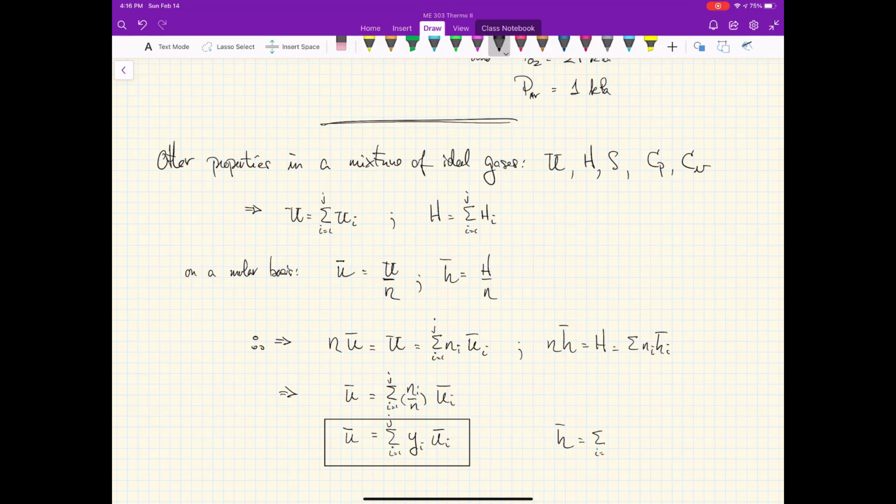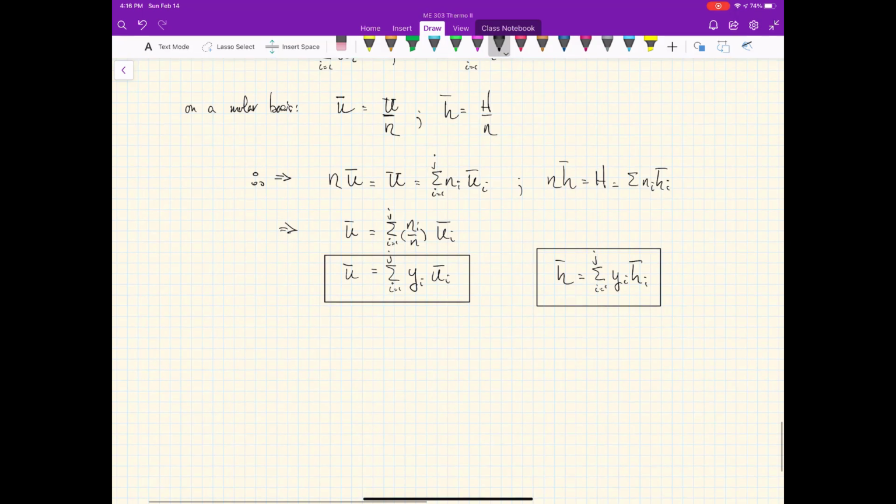Similarly, for the enthalpy, it's going to be the total extensive enthalpy divided by the total number of moles in the mixture.